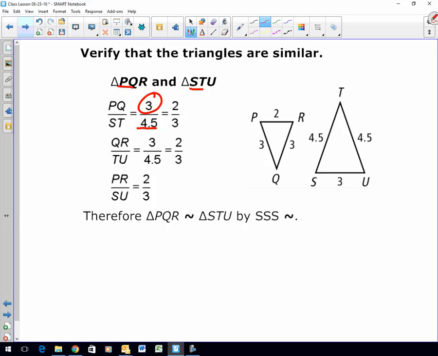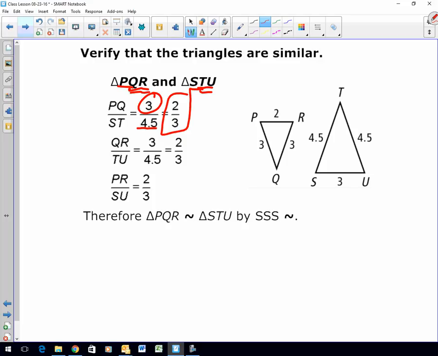You can put that into your calculator in fraction form or decimal form, whatever you want to do. It simplifies to 2/3. Then I'm going to take QR over TU, same thing, 3 over 4.5, which simplifies to 2/3.